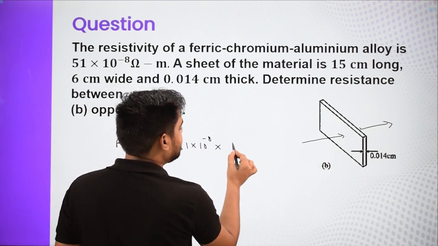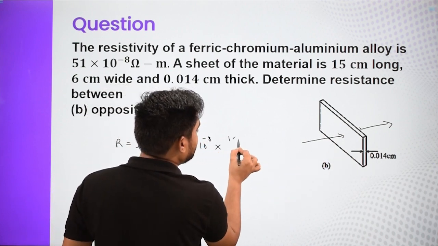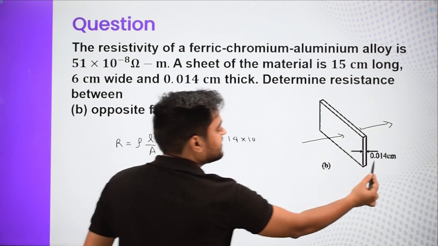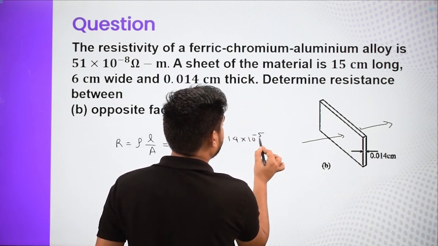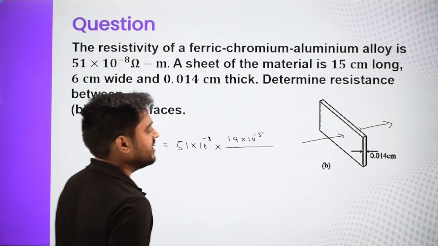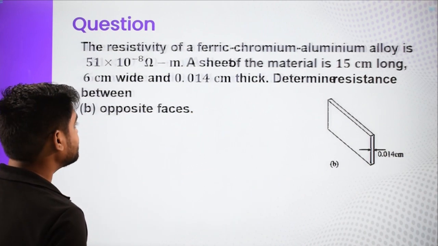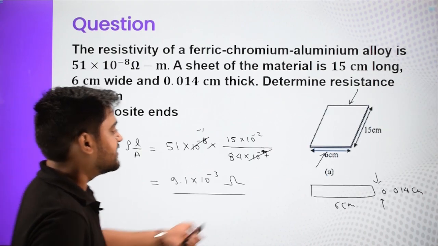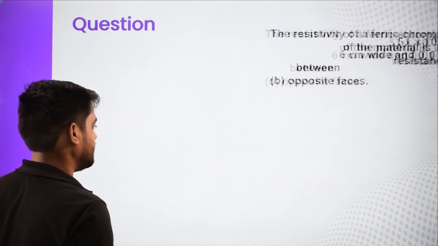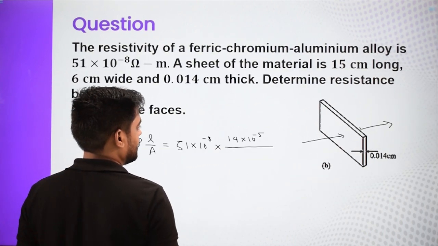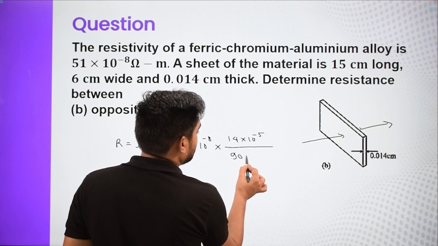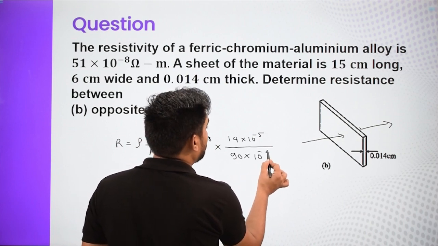The length is basically this, which is 14 into 10 raised to power -3 and -2, so -5. And the area of cross section is basically 6 and 15, so 90 centimeter square, so 10 raised to power -4.